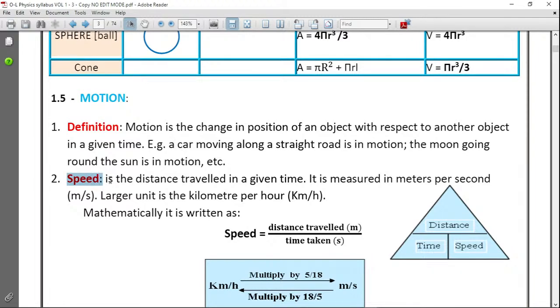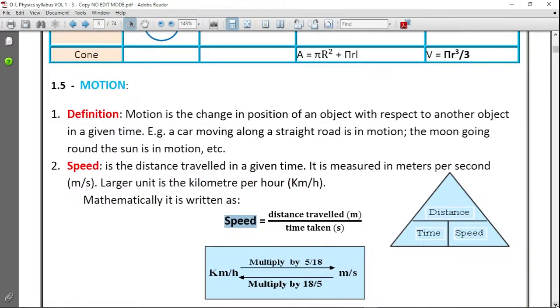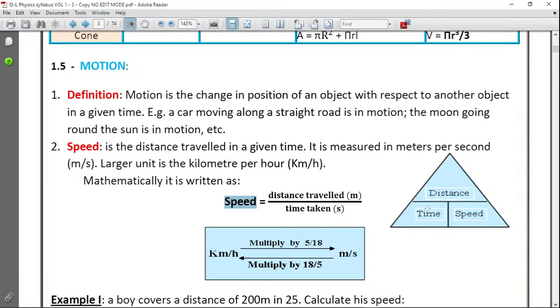Speed is the distance traveled in a given time, or distance per unit time, and is measured in meters per second. Larger units of speed are kilometers per hour. The mathematical expression for speed is speed equals distance traveled divided by time taken. From this mnemonic of a timetable, we can do calculations.